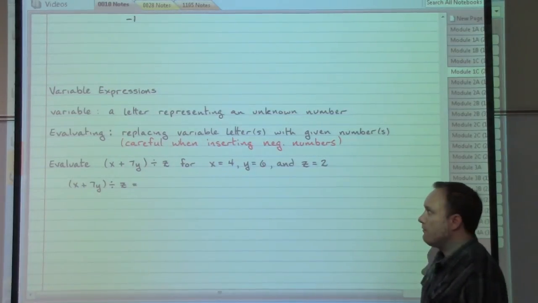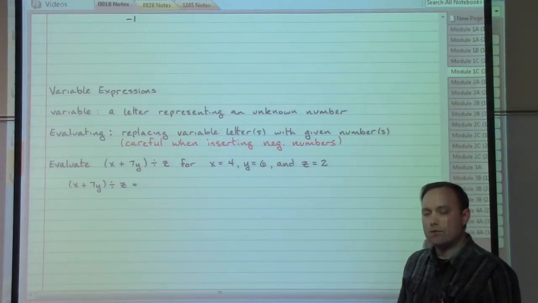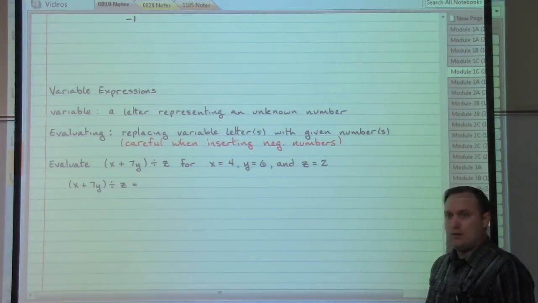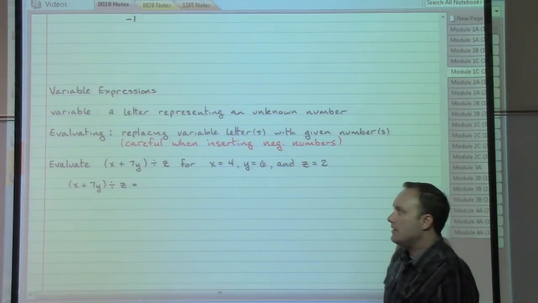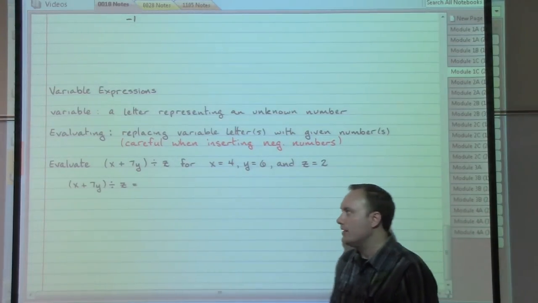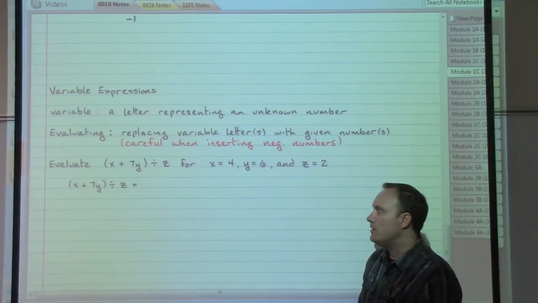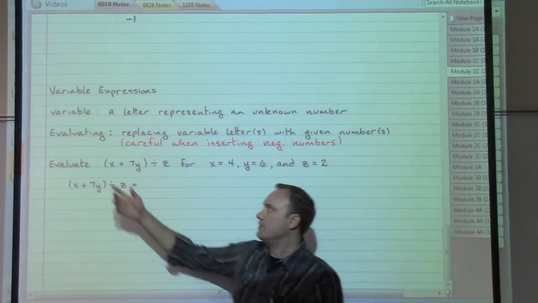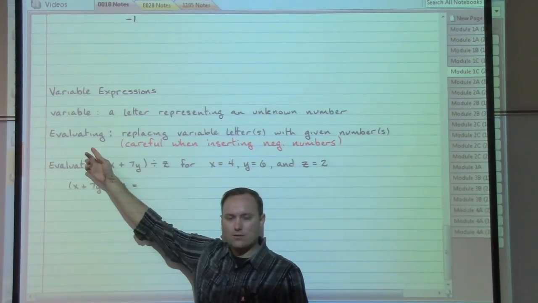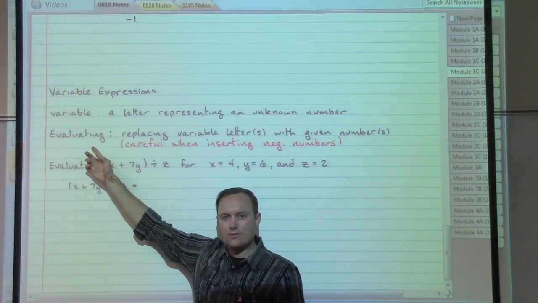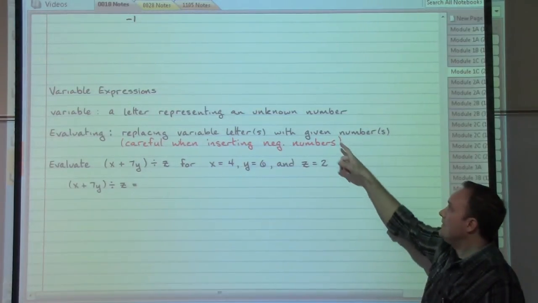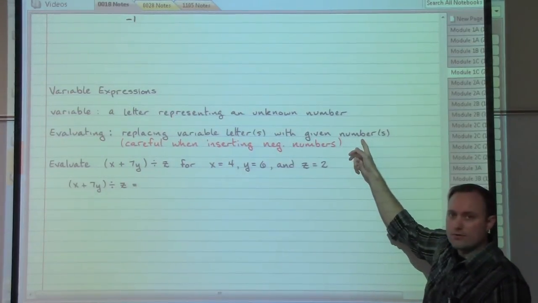By variable, we are referring to a letter that represents some sort of unknown number, and they are going to, for the time being, give us numbers to put in and see how things would calculate out. Or another way of putting it is, we want to evaluate an expression that they gave us when they have given us some numbers to use.